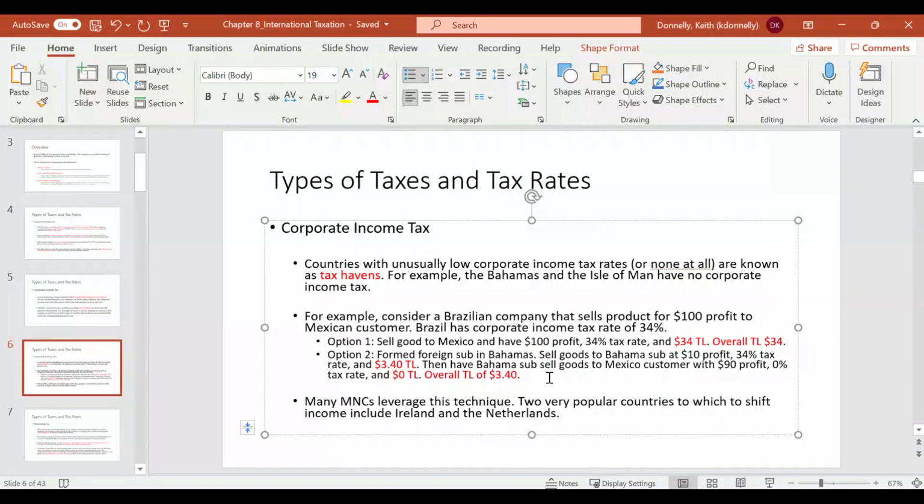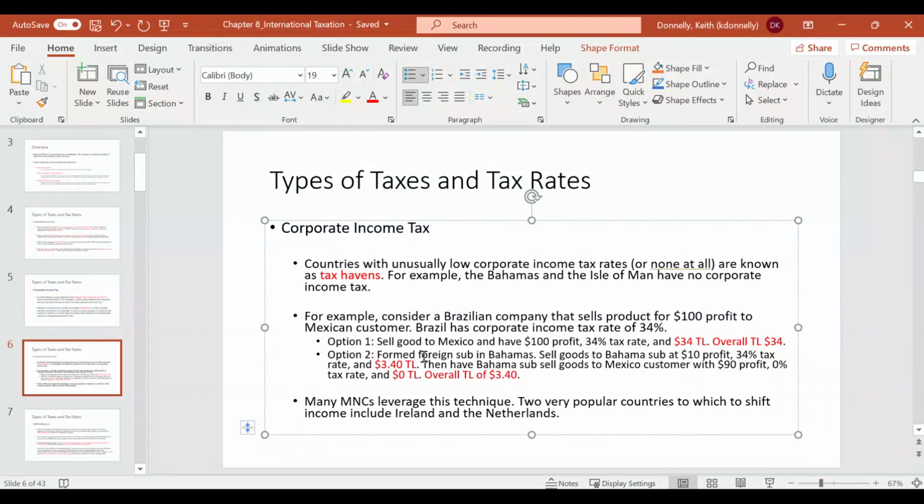In distinction, let's say that we're this Brazilian company and we open up a foreign sub, a new legal entity in the Bahamas. Of that $100 profit, let's say we sell the goods to the Bahamas subsidiary at a $10 profit, with a 34% tax rate.